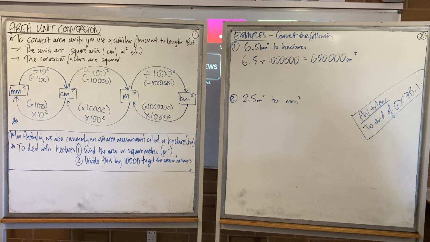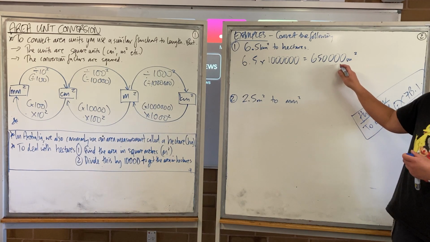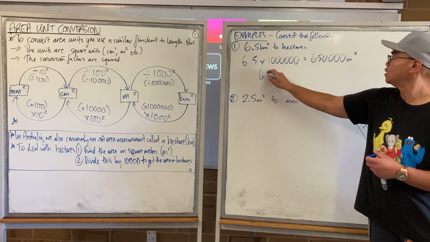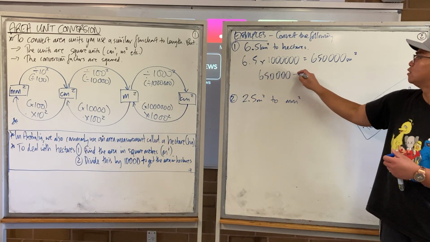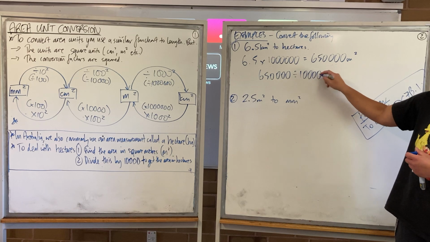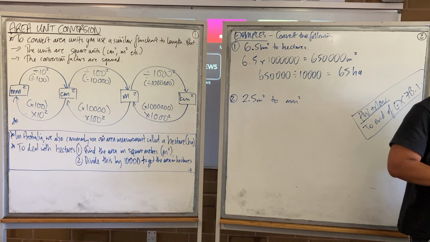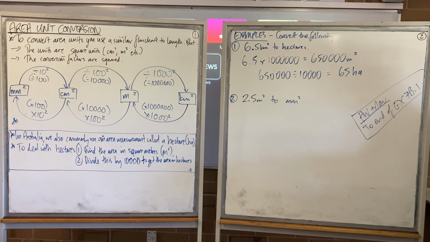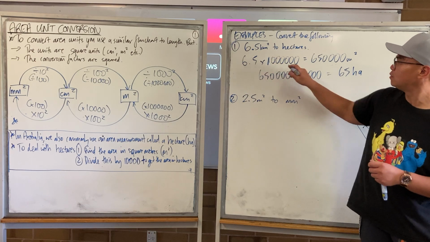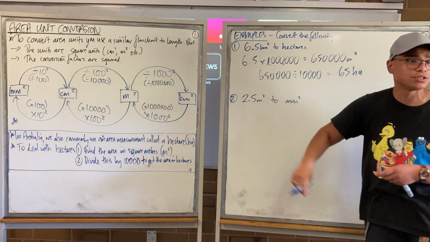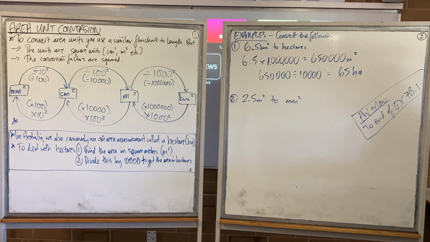So divide by 10,000, that's going to be 650 hectares. That's how you'll deal with hectares. 1,000,000 times 6.5, yeah. I don't tend to write the commas, but you can put the commas in.